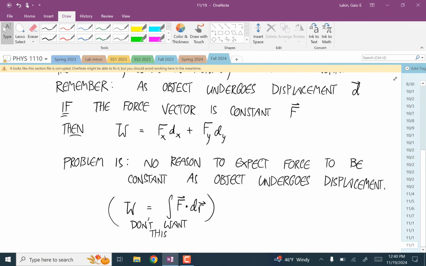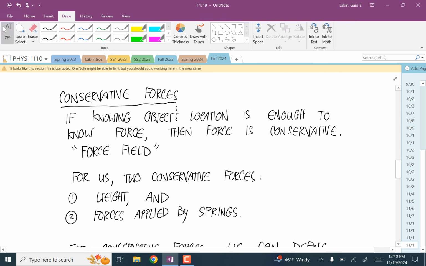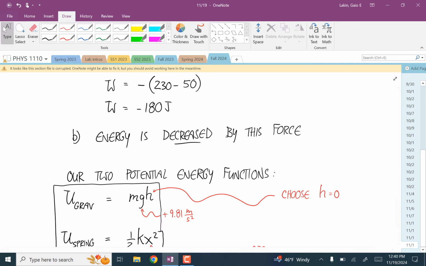Remember, if the force is constant as the object moves, you can use this calculation. And gravity happens to be constant as the object moves, so we used that formula. But now we're going to do the same thing using potential energy, and we better get the same answer or none of this works.